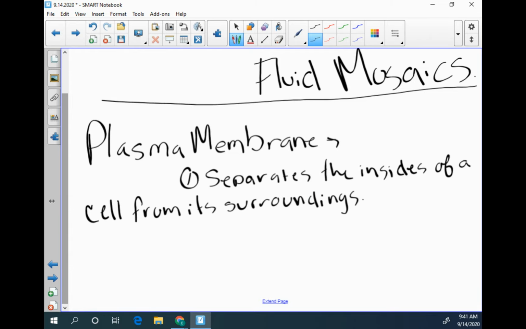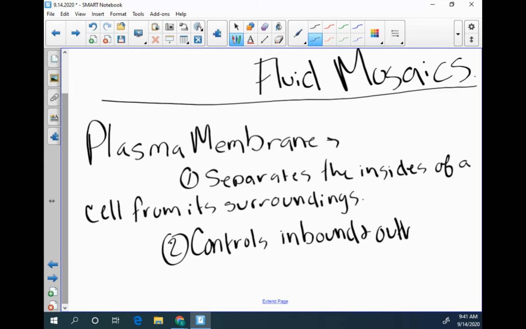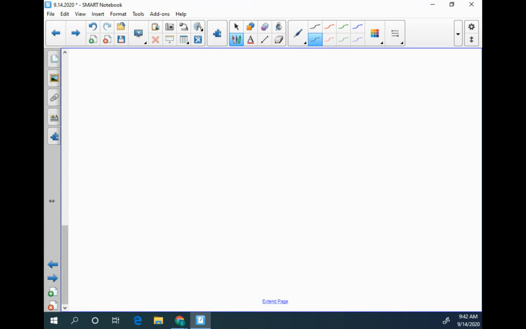And also, it controls inbound and outbound traffic.